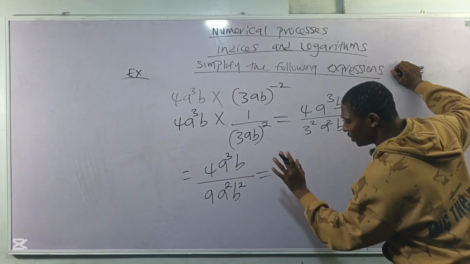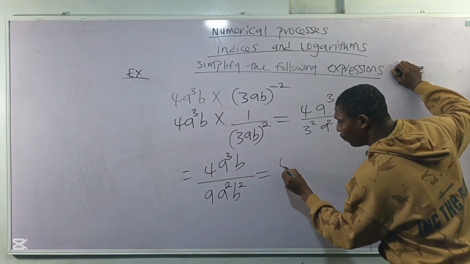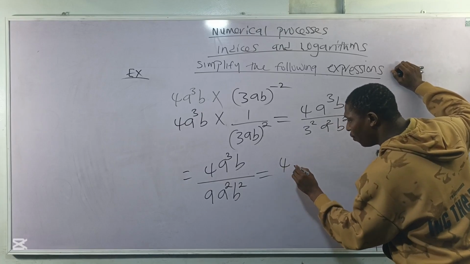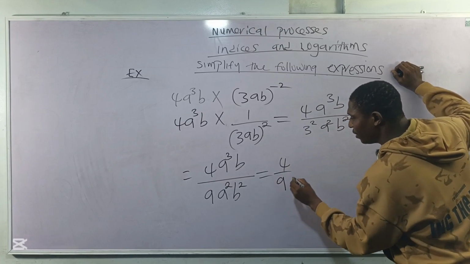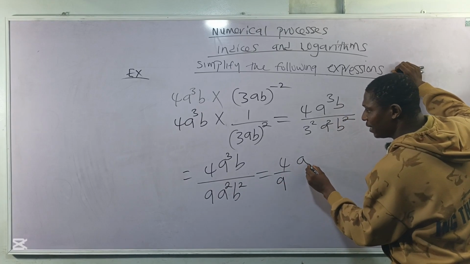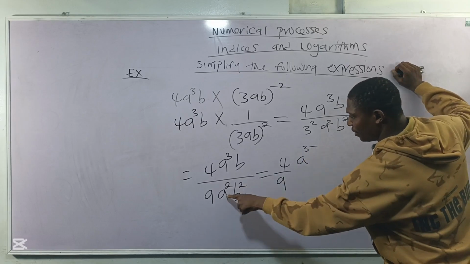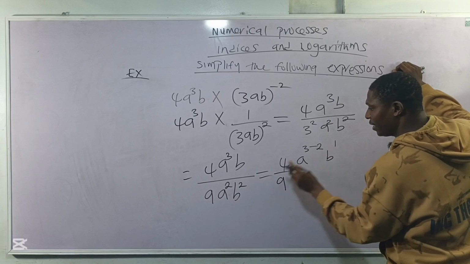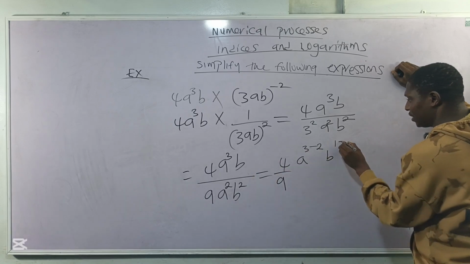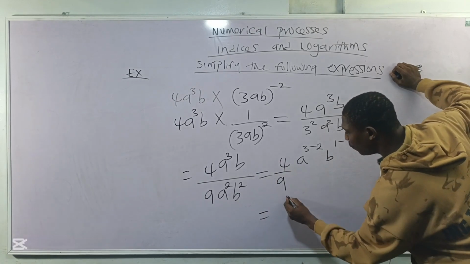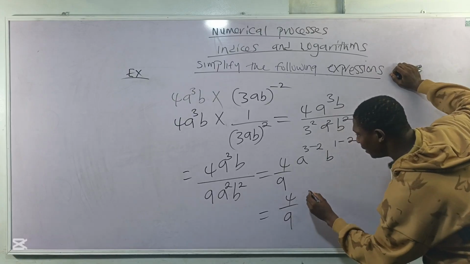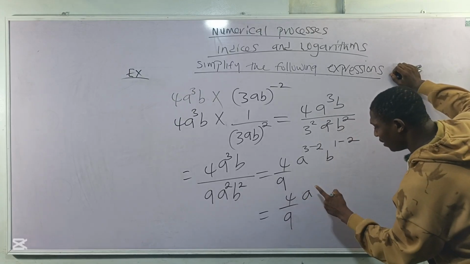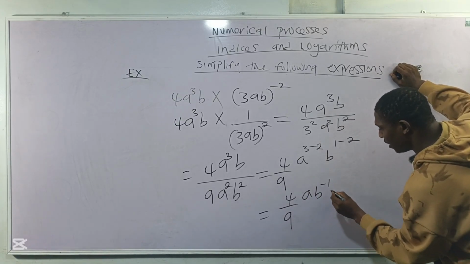If you want to save yourself the stress, you can simply have, or let's follow the normal method, 4 over 9. We'll have our a raised to power 3 minus 2, and b raised to power invisible 1 minus 2, because of the division sign, giving me 4 over 9 a raised to power 1, which is a, and b raised to power minus 1.